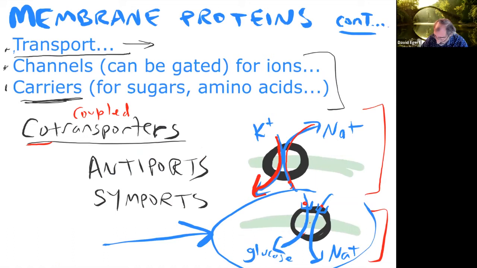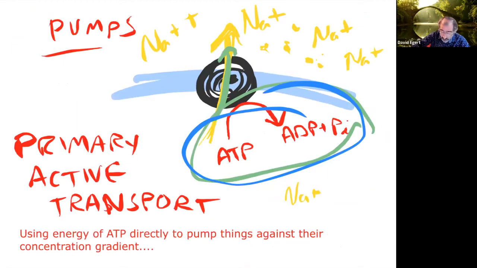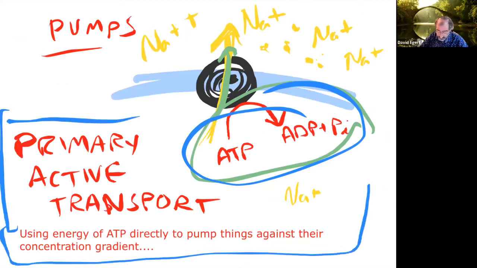So here we go. Primary active transport uses the energy of ATP directly to pump things against their concentration gradient. There is another kind of active transport called secondary active transport. So let's look at that right now. Here, active transport. Let me just use my typing tool because it will make things quicker.